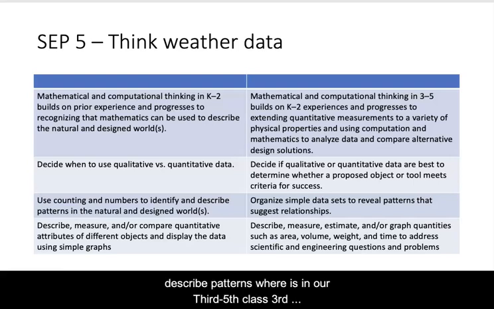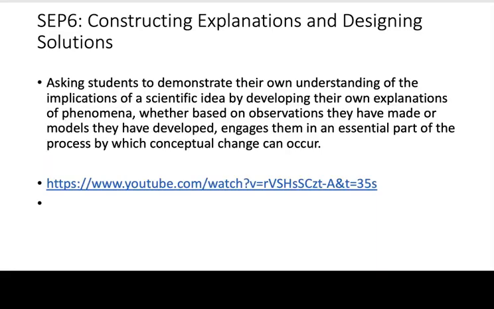Whereas in our 3rd through 5th grades, we want to decide if qualitative or quantitative data are best to determine whether a proposed object or tool meets the criteria for success. And we want our students to be able to organize simple data sets to reveal patterns that suggest relationships.